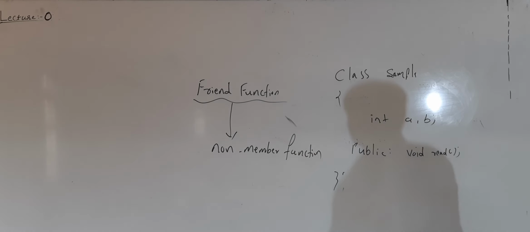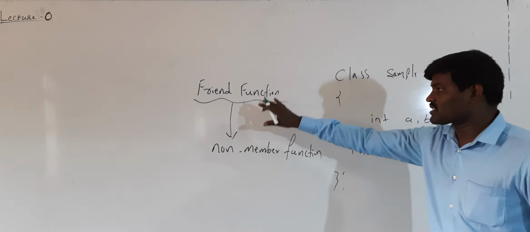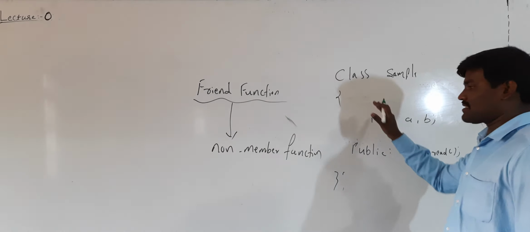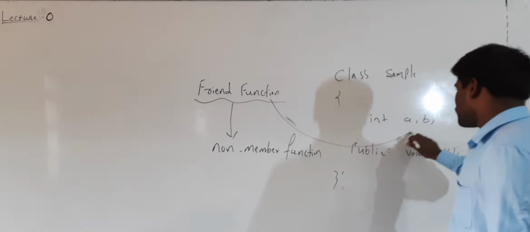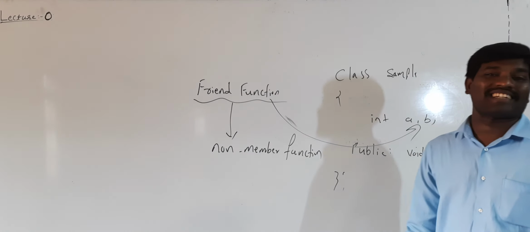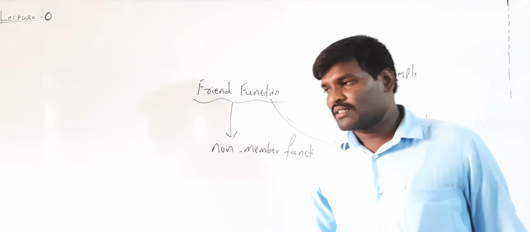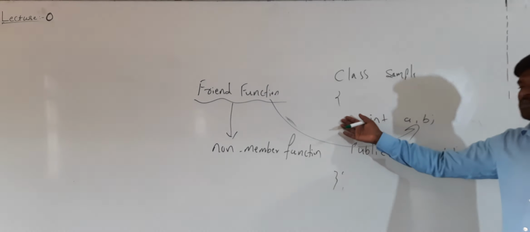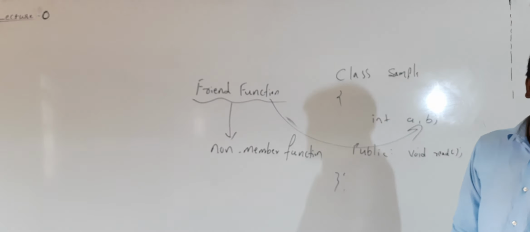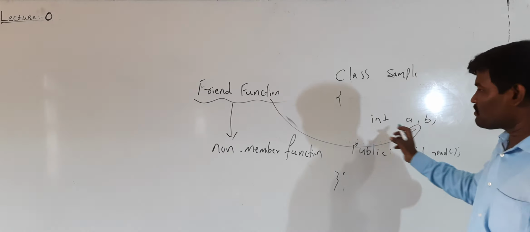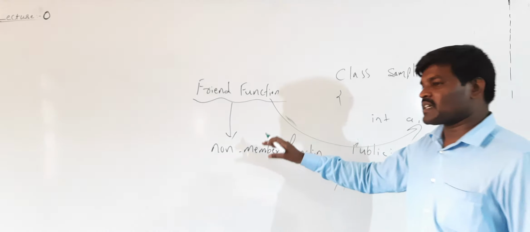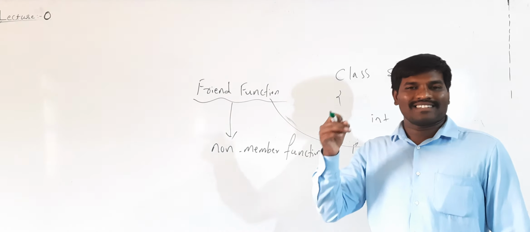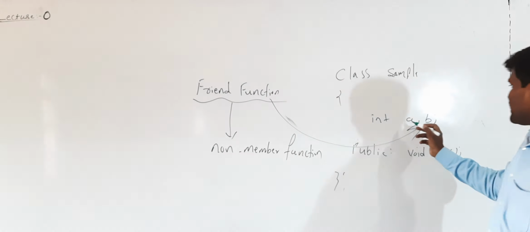See here, a friend function is not a member of the class, but it has all rights to access the private and protected members of the class. If you have not mentioned any access control specifier, then by default a and b are private data members. The friend function has all rights to access a and b.